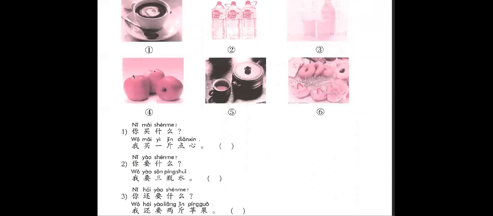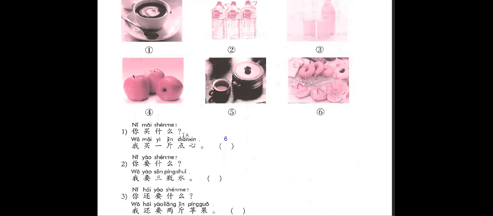The first one, 你买什么? What do you buy? 我买一斤点心. I buy 1 jin. Remember, this is a Chinese kilo, half a kilo of ours. So I buy 500 grams of cakes or sweets. Here, picture number 6, we have some sweets.